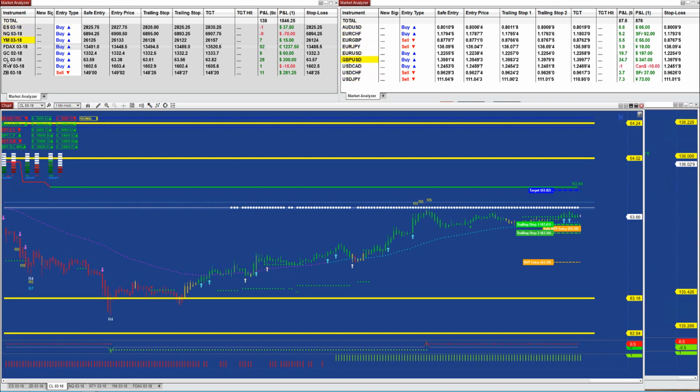If we look on the CL as an example, we have an entry at 63.38. If we look at the buy entry 63.38, this one here, you can automate it. It comes with 3 different automated trading. An ATM, where you set up your own target and stop loss.